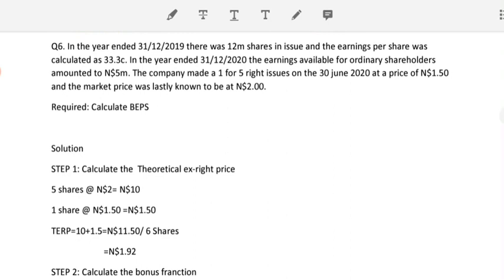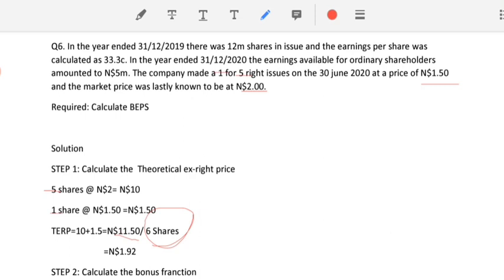We divide this 11.5 by 6. Where did that 6 come from? 5 plus 1, we get 6.